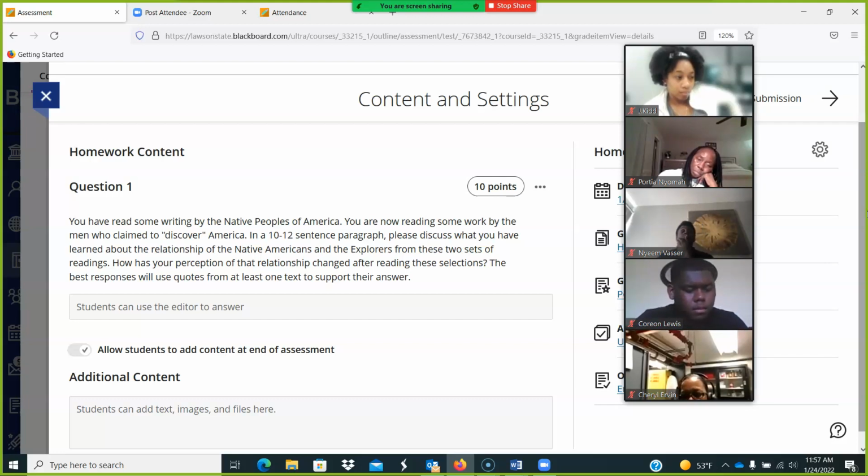And given what the native people wrote about the bad behavior of the people and what will come if people don't treat each other right, what do you think their response would be to the explorers, right? So we're going to dive into that idea, okay?